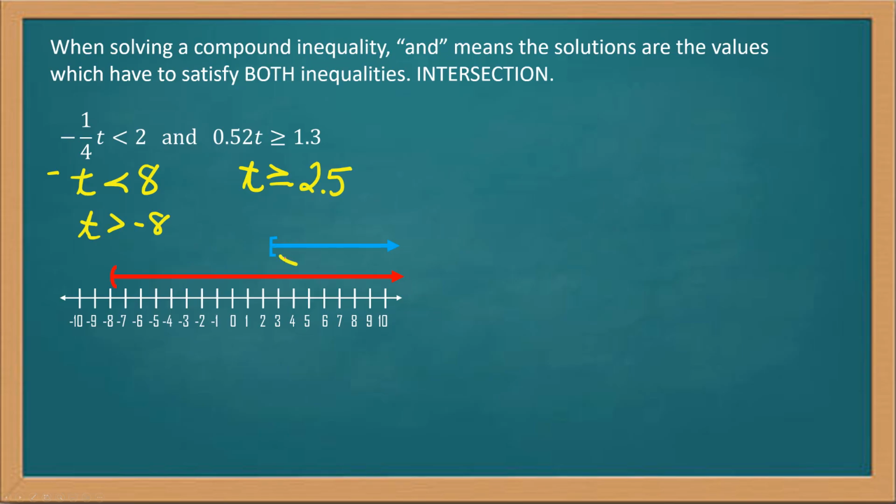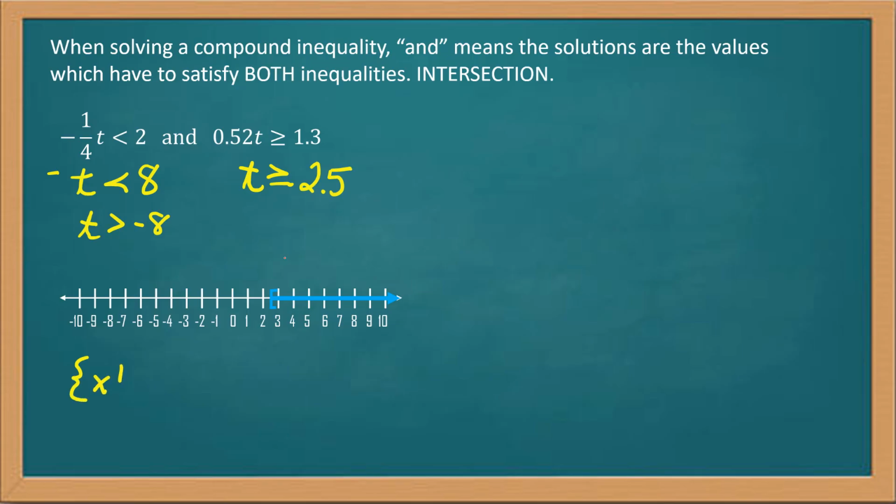The values that go with the blue arrow all actually work in both inequalities, because if something is 2.5 or greater, it also is greater than -8. So that's the arrow that is going to tell the story. That's the arrow that is actually the solution set to this compound inequality with the word "and" in between.